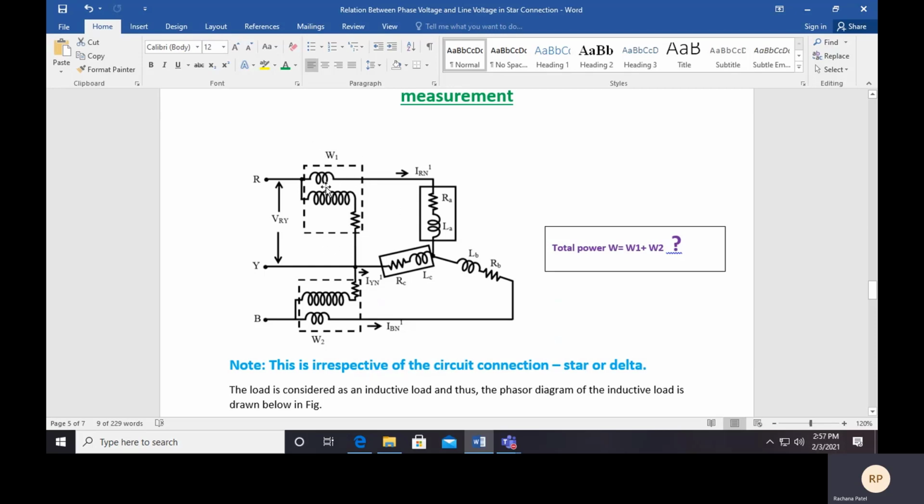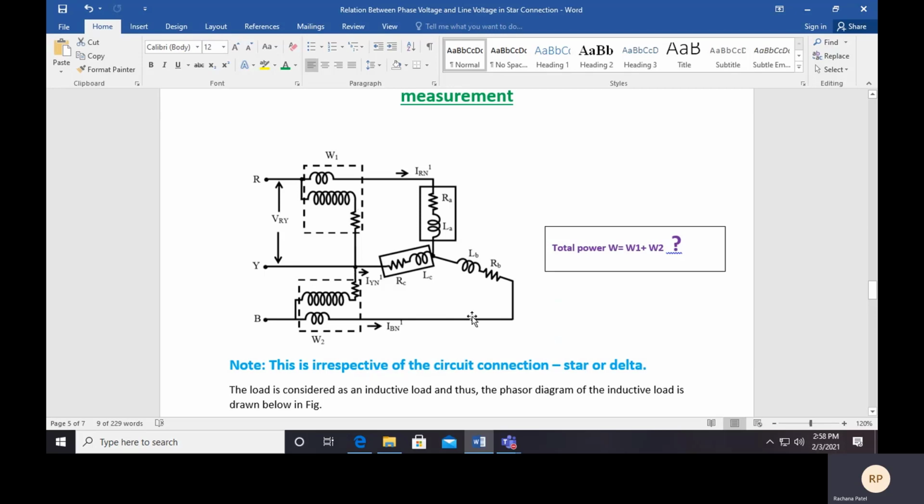Obviously it will take the cos phi reading as the angle between the vector of VRY and the vector of IRN. The angle between these two quantities will be considered by W1 as phi. In the same way, for W2, it will consider the angle between IBN and VBY.